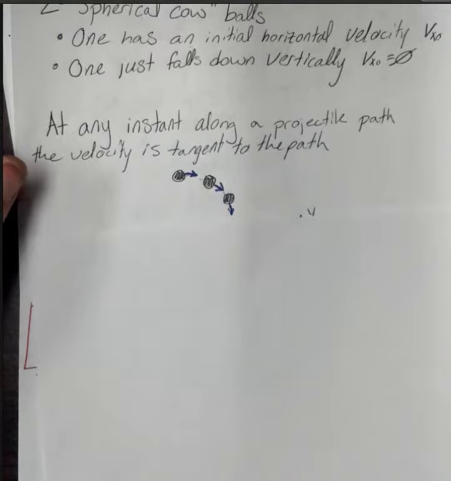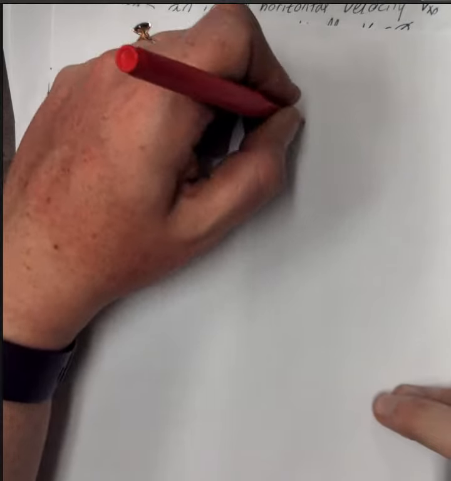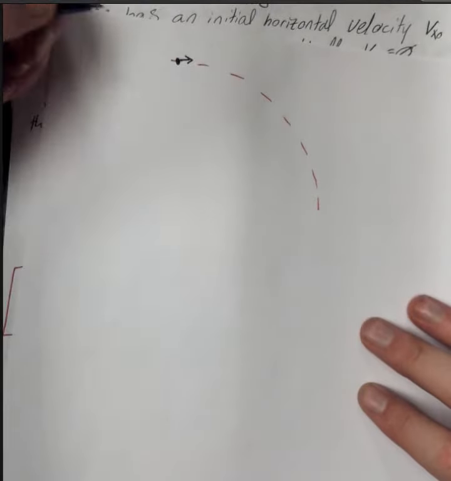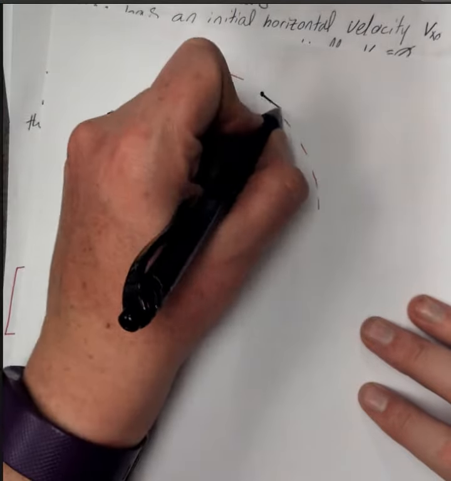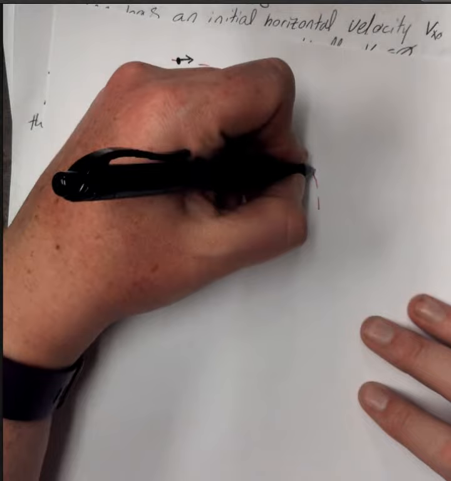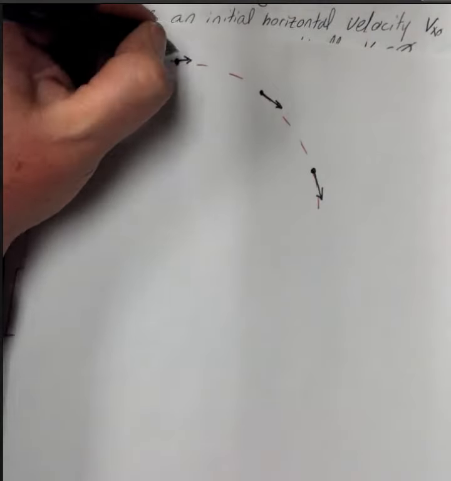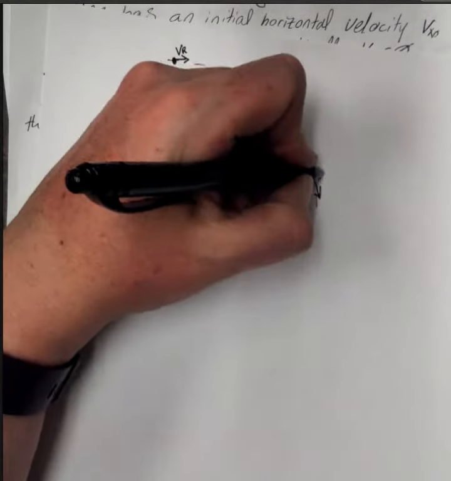Right, so that's saying that if a ball is following some projectile path, the velocity at any point in time along that path, we'll consider here, the velocity would be a tangential line there. The velocity here would be a tangential line. The velocity here, a tangential line. All right, so that's always going to be the resultant velocity, the velocity that's the result of its x and its y motion.